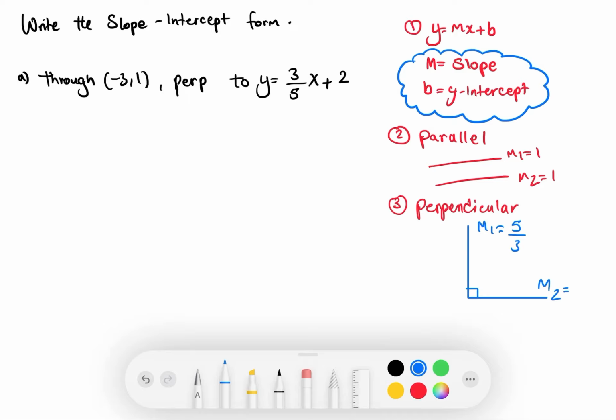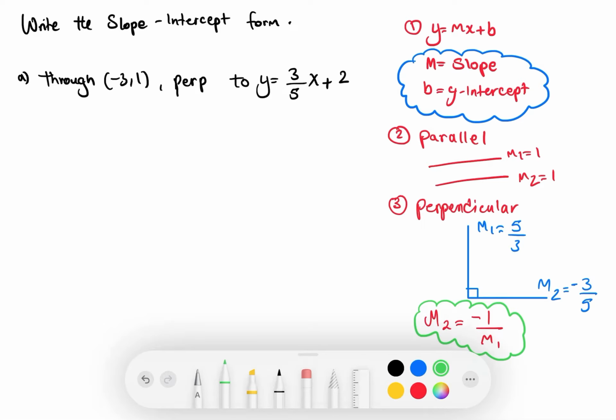So reciprocal means you've got to invert the fraction. You're going to write 3 over 5. And negative means negative. So negative 3 over 5. There's a formula for this. We said that the slope of a perpendicular line is the negative, so negative 1, reciprocal of the first line. So m2 is negative 1 over m1.